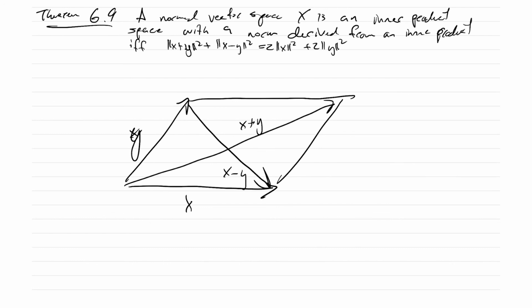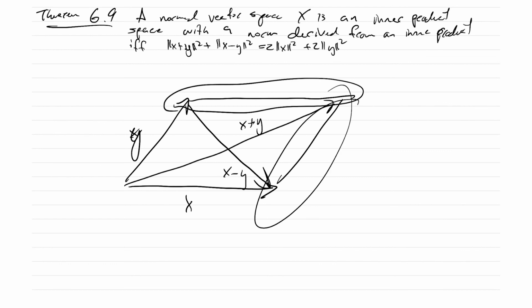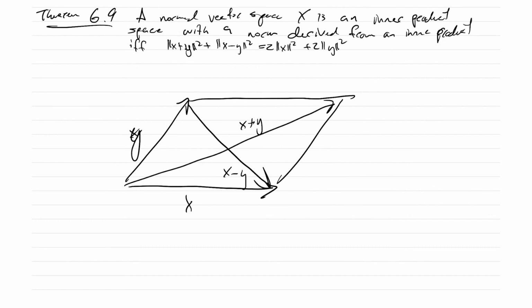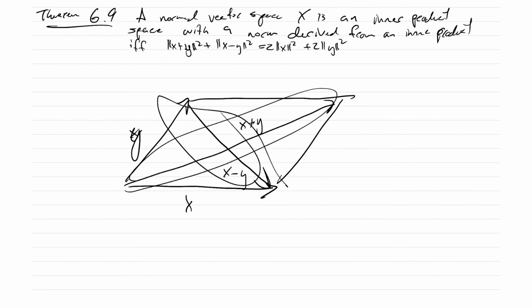If you take this parallelogram and add the squares of these four sides, and then add the squares of these two diagonals, then they're the same.